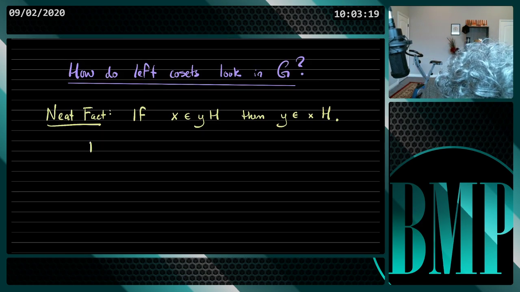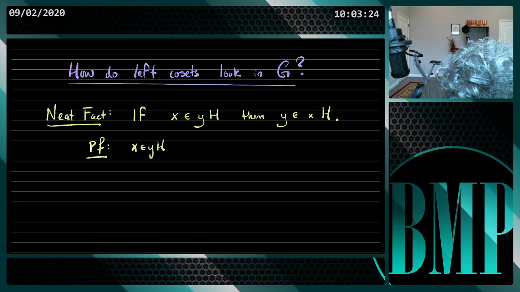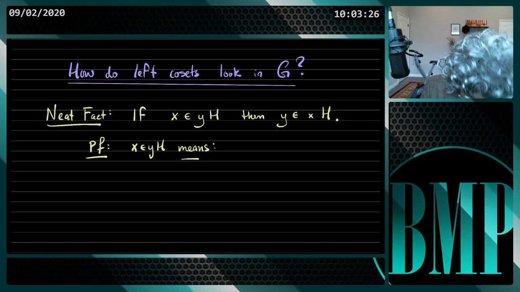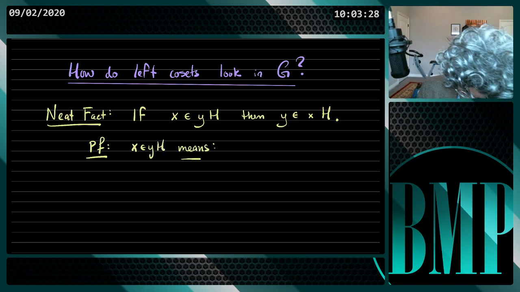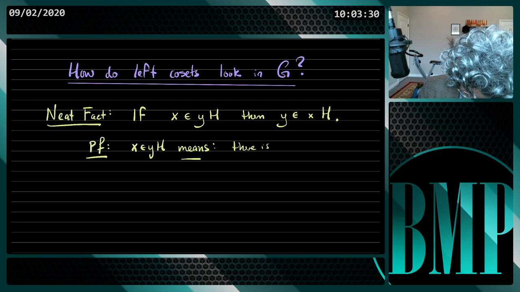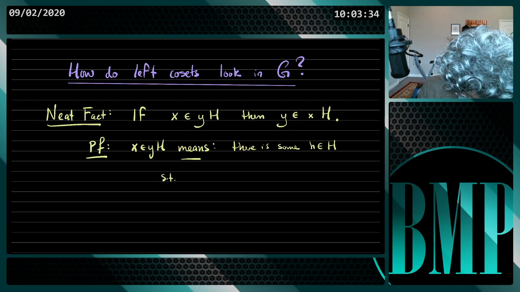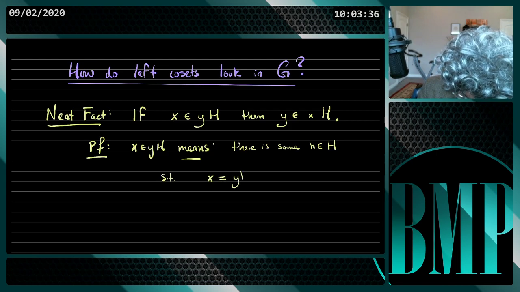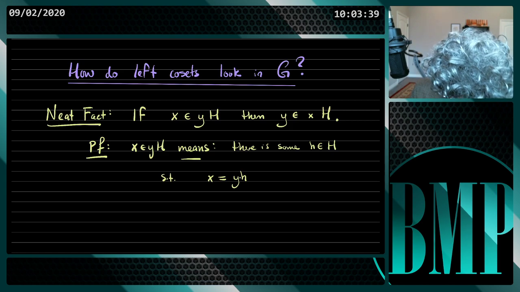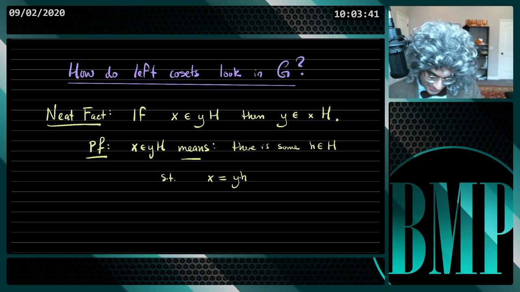All right, so proof. X in YH means there is some element such that X is the Y times that element. All right?